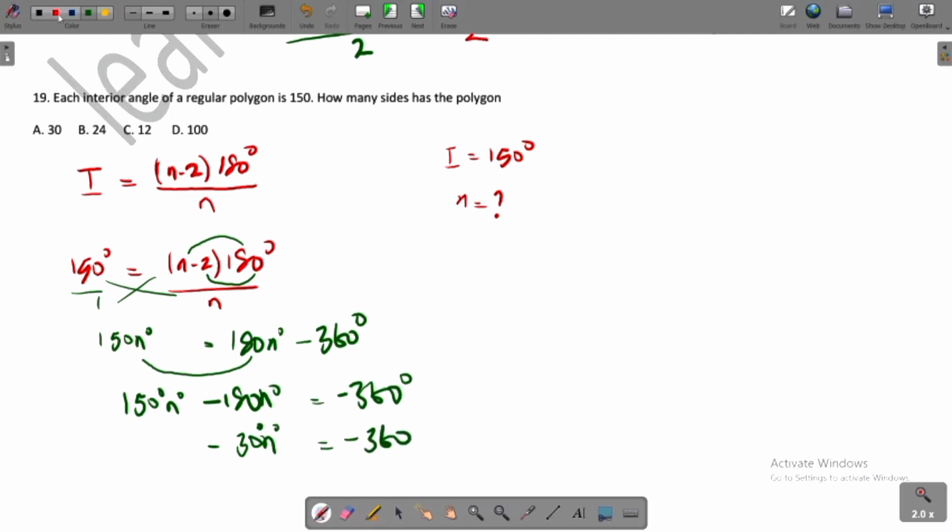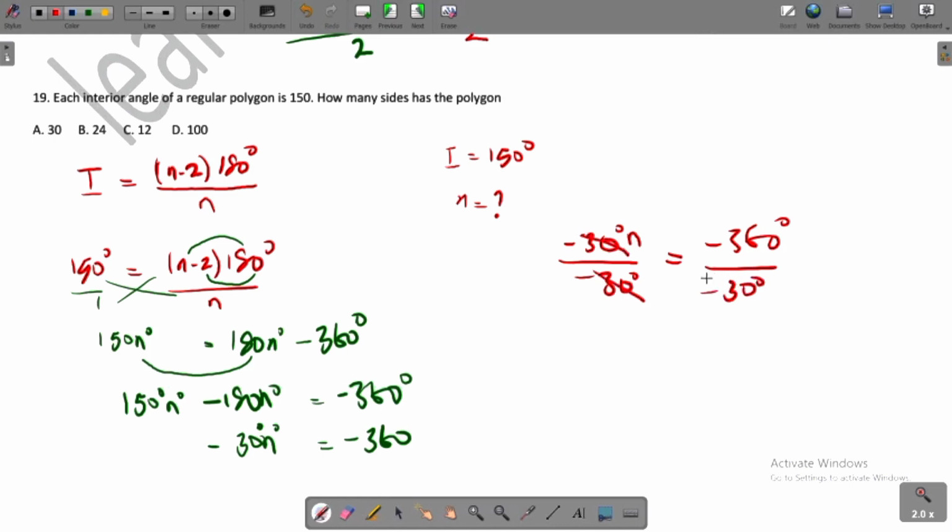360. Now we are looking for N, not 30 degree N. So we divide both sides. Minus 30 degree N divided by minus 30 degree equal minus 360 degree divided by minus 30 degree.